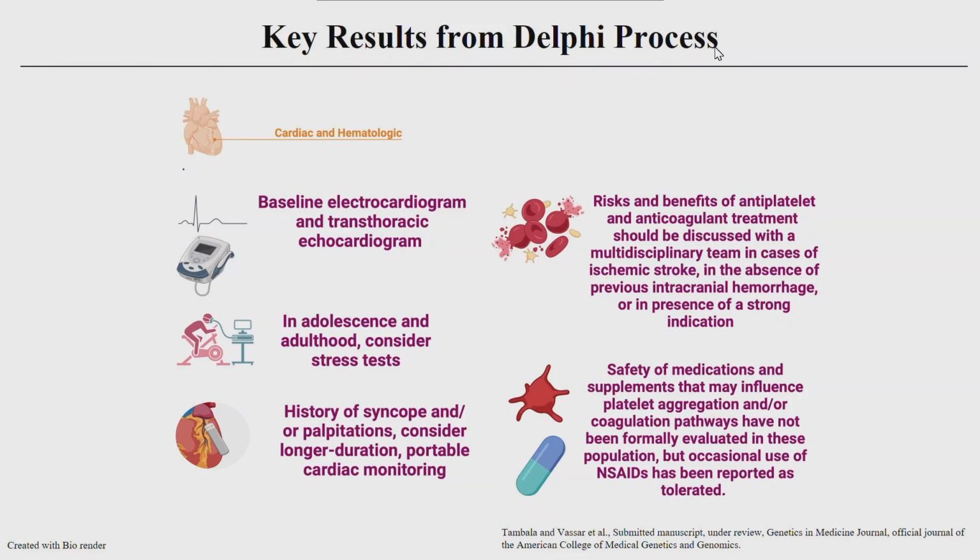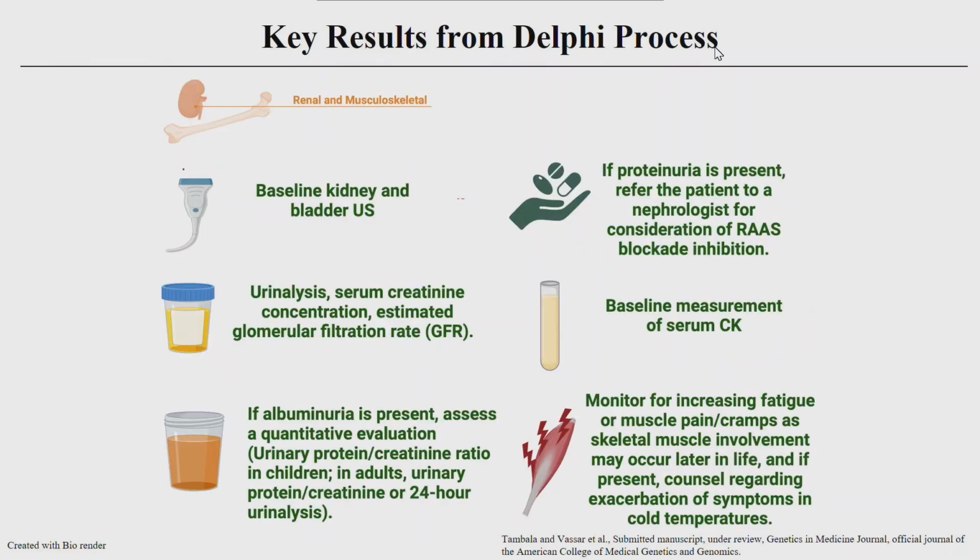And of course, the most important cause is ischemic stroke. So in the absence of previous intracranial hemorrhage, or in the presence of a strong indication, these types of treatments can be advised. And occasional use of NSAIDs has been reported and tolerated in this patient population. On the renal and musculoskeletal system, of course, a baseline kidney and bladder ultrasound and urinalysis are recommended.